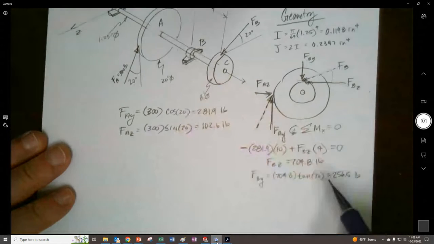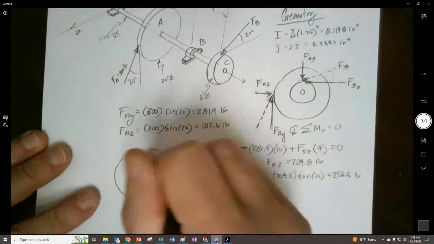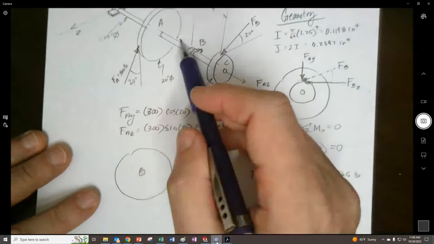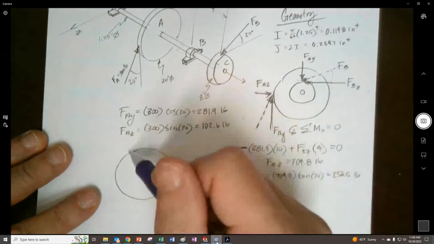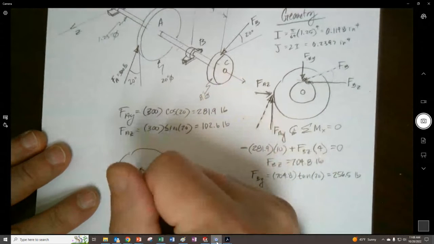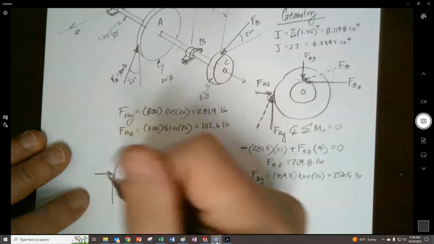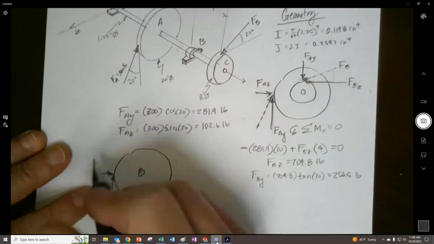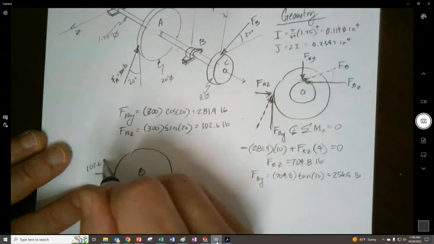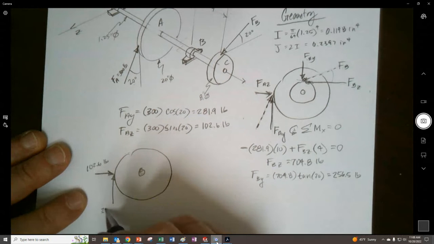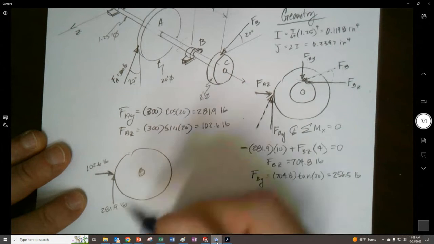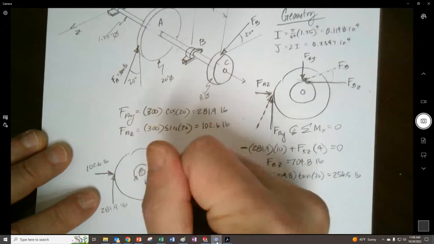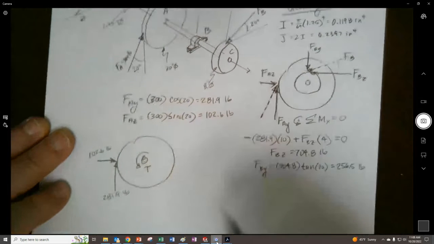I'm going to cut it right there, revealing the inside of the shaft to expose the internal torque. I already know these values, so I'll put them in here: 102.6 pounds, and right here is 281.9 pounds. That's going clockwise, so the internal torque, at least from this perspective, is going to be counterclockwise.